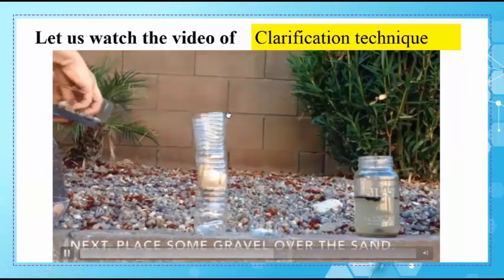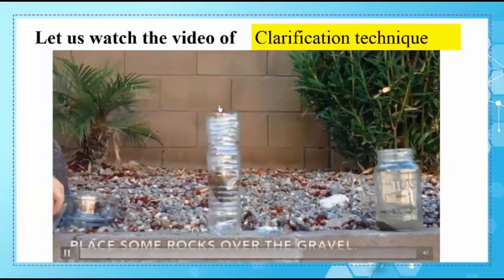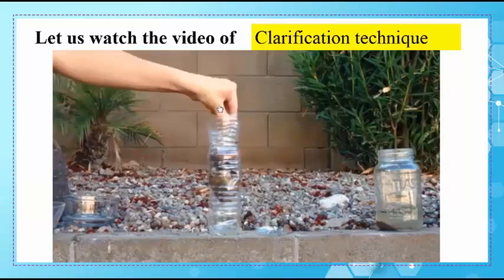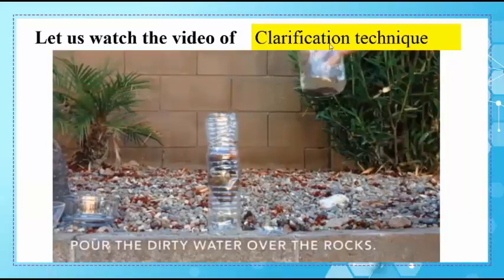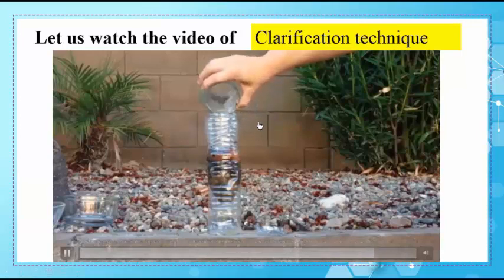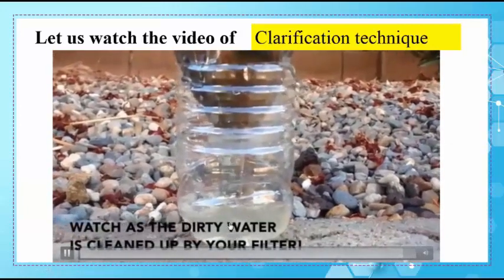Next, place some gravel over the sand. Place some rocks over the gravel. Pour the dirty water over the rocks. And finally, watch the dirty water is cleared up by your filter.